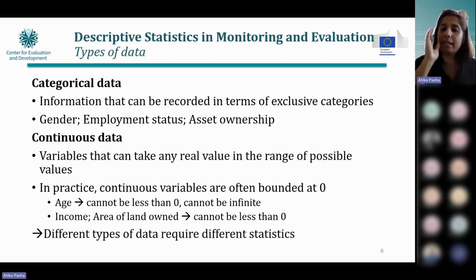Two characteristics you can note here. Some of these cannot be less than 0, but there are continuous values that can be less than 0. For example, revenue is simply profit minus costs, and if your profits are not as large as your costs, your revenue can be less than 0. This is another continuous variable that is not bounded by 0 as the minimum value.